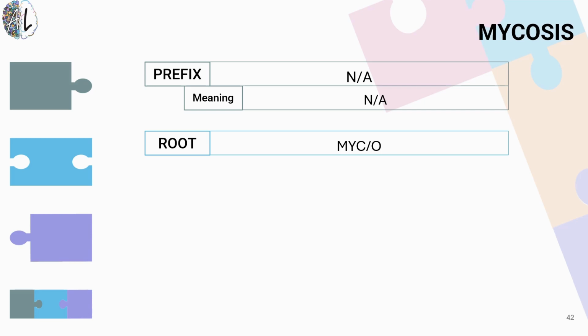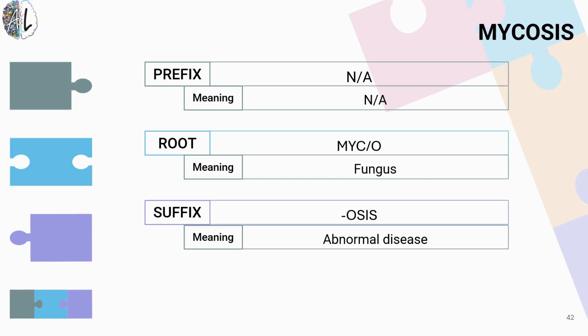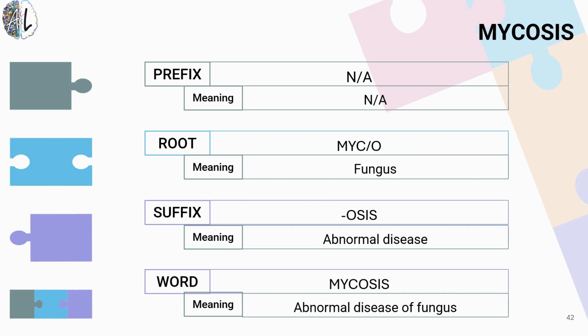So the C here is important, as you'll see with other medical terms. And myco refers to a fungus of some sort. Our suffix here is osis, which is an abnormal disease. So mycosis refers to an abnormal disease, and it's usually caused by a fungus. So things like athlete's foot, right, would be considered a mycosis disease.